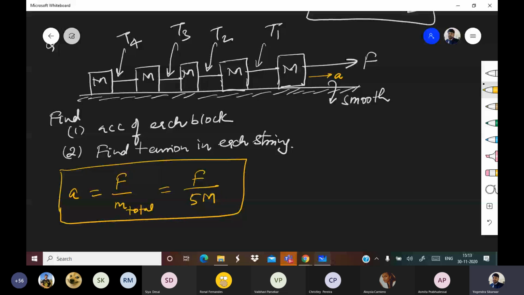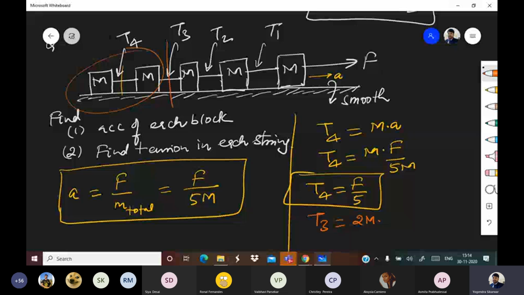If that string is not there, then T3 will be 2M into A. T3 will be 2M into A, which is F by 5, and that is 2F by 5.